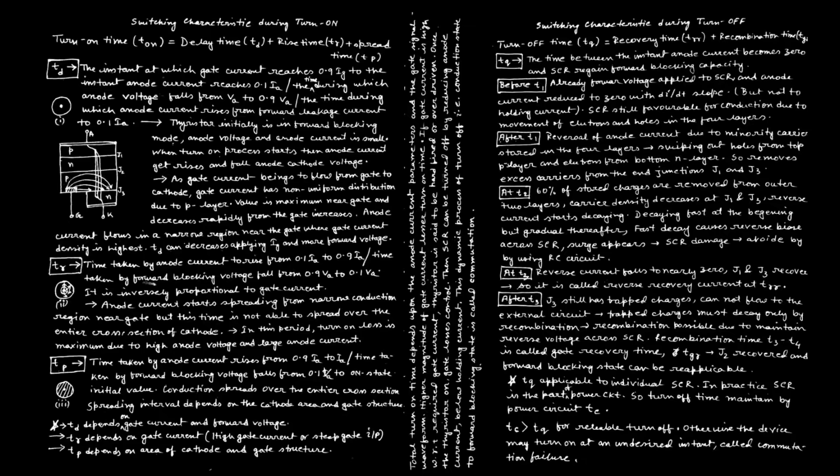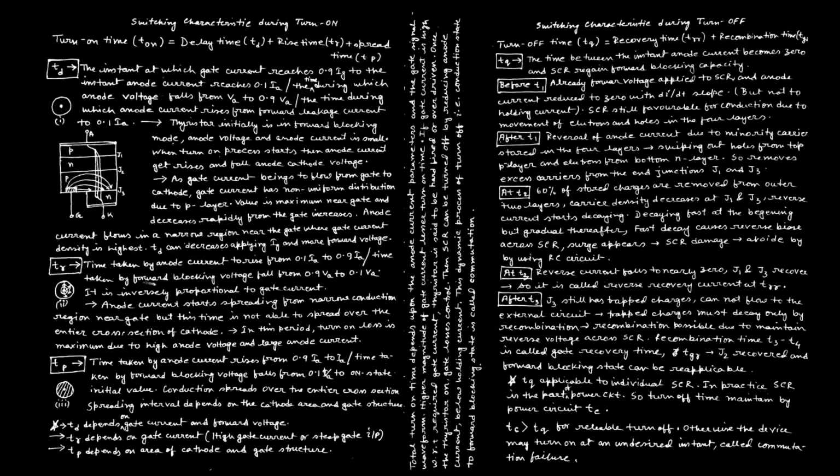Then the anode current rises and the anode-cathode voltage falls, as the gate current begins to flow from gate to cathode. The gate current has a non-uniform distribution due to the P layer; its value is maximum near the gate and decreases rapidly as the distance from the gate increases.